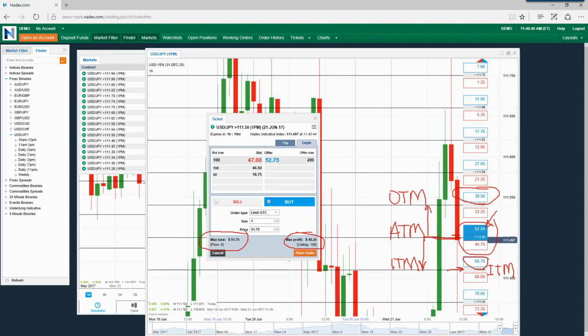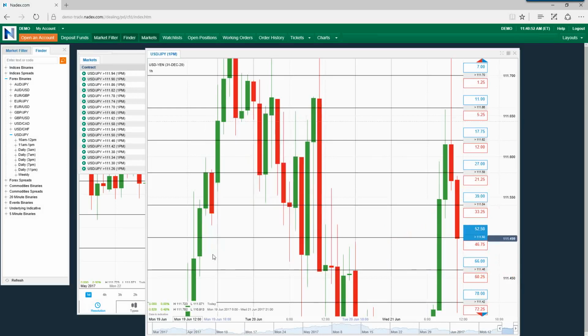So let's get rid of all of these, and I'm going to cancel that. And let's say, I think it's going to go down. What's your at the money, in the money, out of the money? It's reversed. Your in the money would be one strike above where price is trading, so you would click on the red box here.